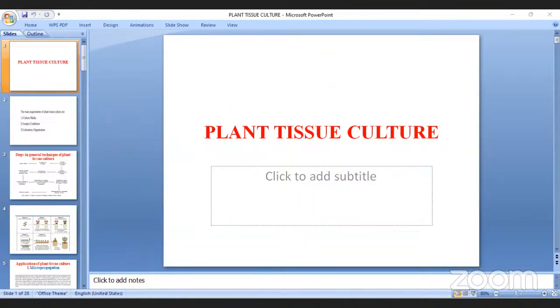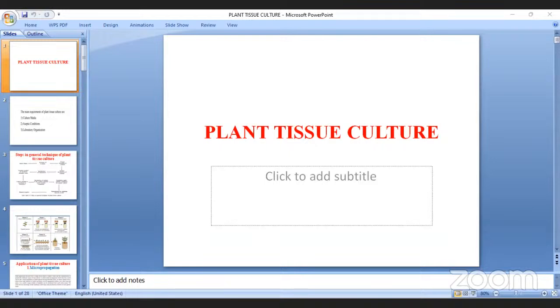And next one, the batch culture is a closed system culture. We can grow the cells in a fixed amount of culture medium under appropriate conditions.